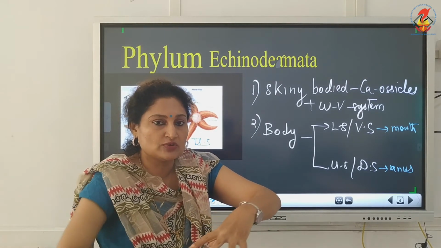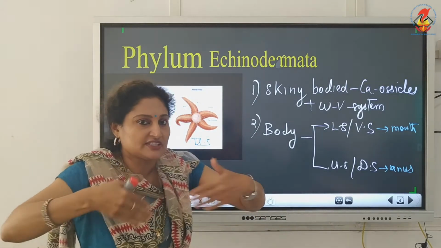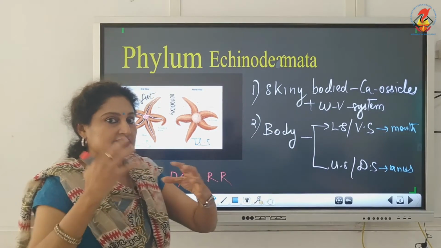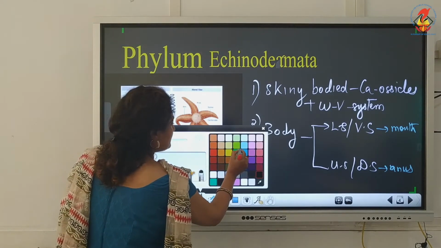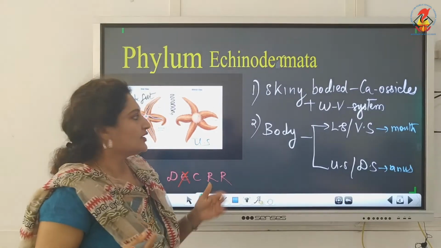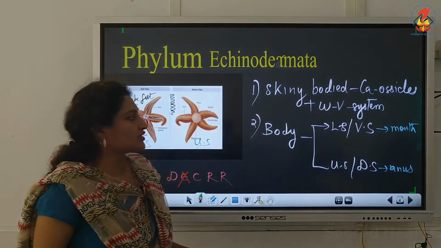The water below the starfish shows that vibration, because the tube feet are constantly beating and creating a water current below, and this water current is gathering the food towards the mouth. Okay, all the food is gathered towards the mouth and it is taken. So, that is a speciality of these tube feet, which forms the water vascular system.